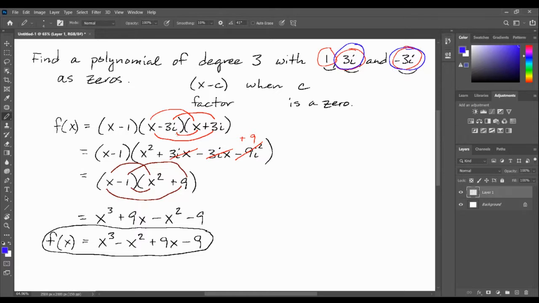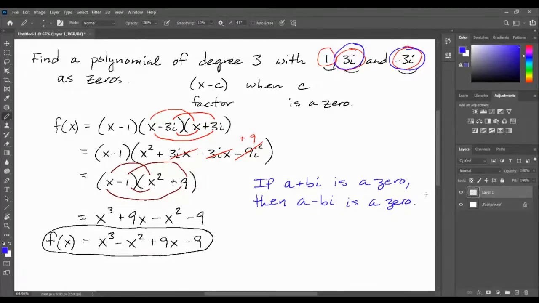And you saw down here when I created the factors and multiplied those together that the i terms disappeared. And that highlights one of our rules of zeros. And that rule says if a plus bi is a zero, then a minus bi is a zero. You will always get that conjugate in there.